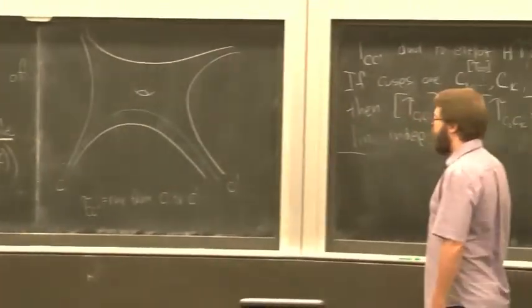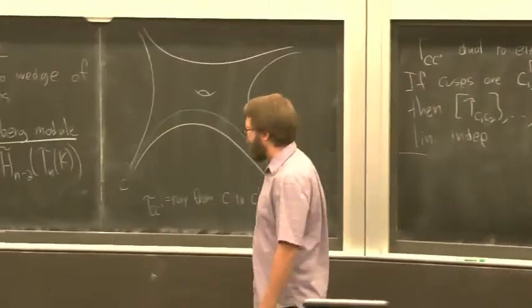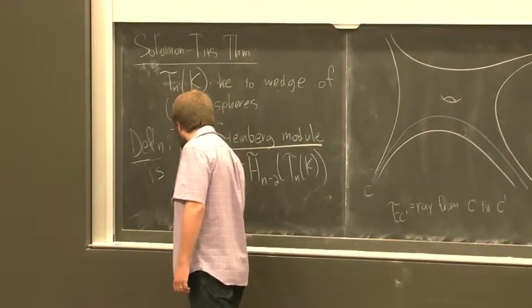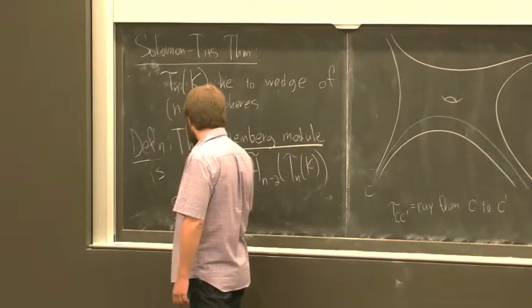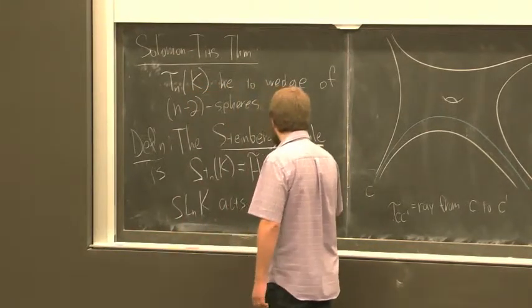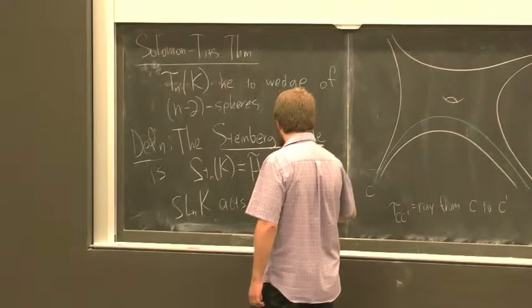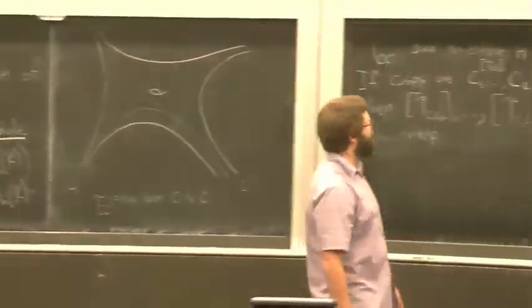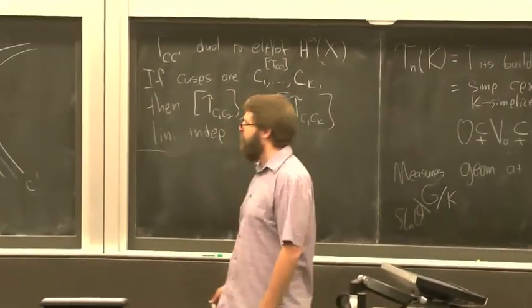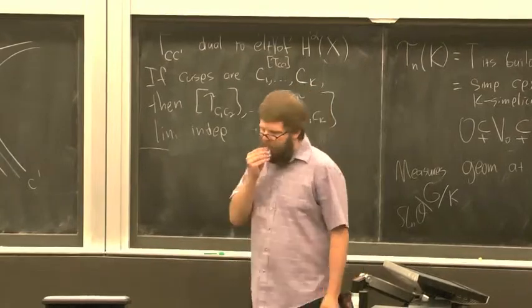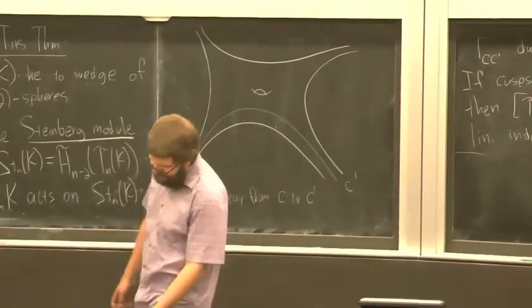Okay, so it's clear that the group SL_n(K) acts on this Steinberg module, just because SL_n(K) acts on the Tits building in the obvious way. And so therefore we get an action of SL_n(O) on there. Okay, so now that's the Steinberg module.